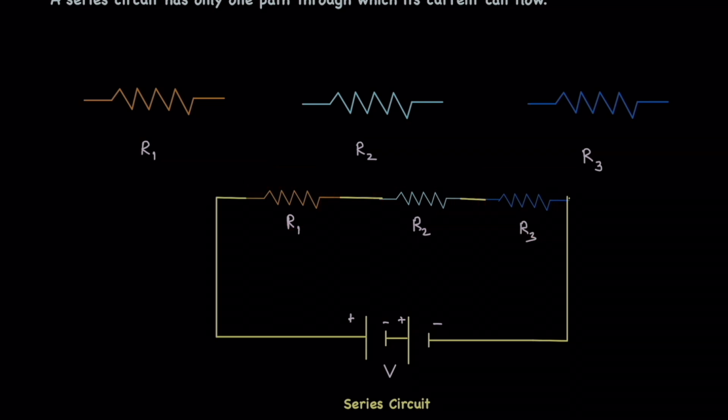In another way, suppose this voltage source supplies the current I, and we make this point A, and here is point B. When the current starts moving from A, it will move in a single wire, means from A to B it will follow a single path. And all the resistors will get the same current.